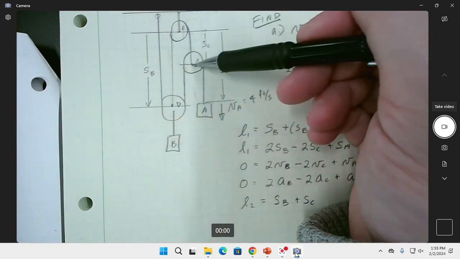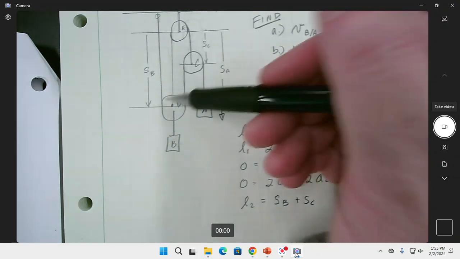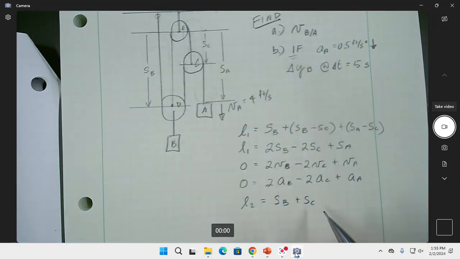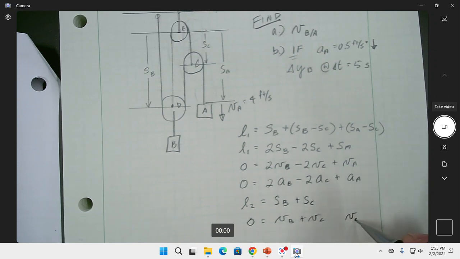This distance right here. Don't see anything else. So it's just a short little cable that's going back and forth, back into there. So that's going to be VB plus VC, which also means that VC is equal to negative VB.